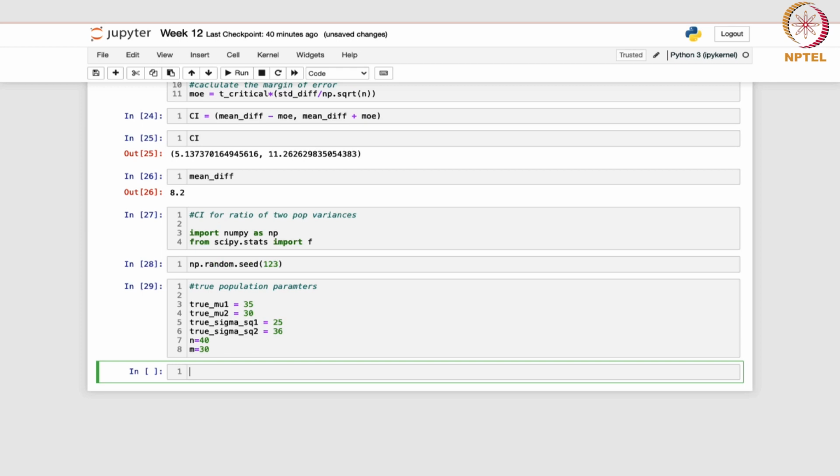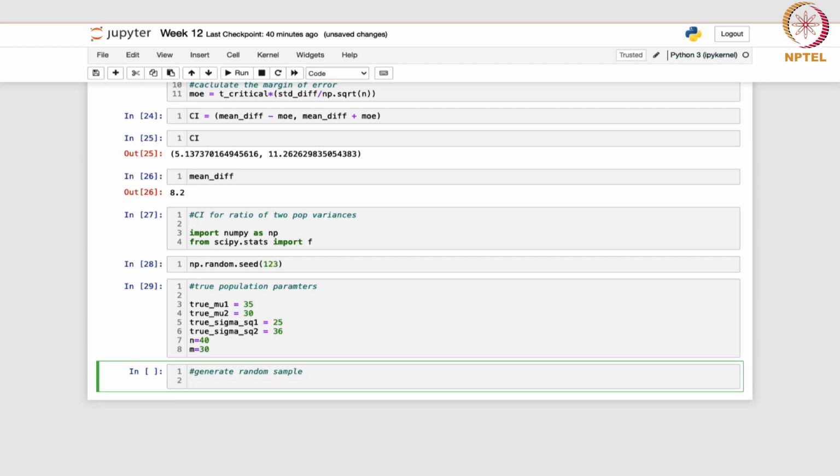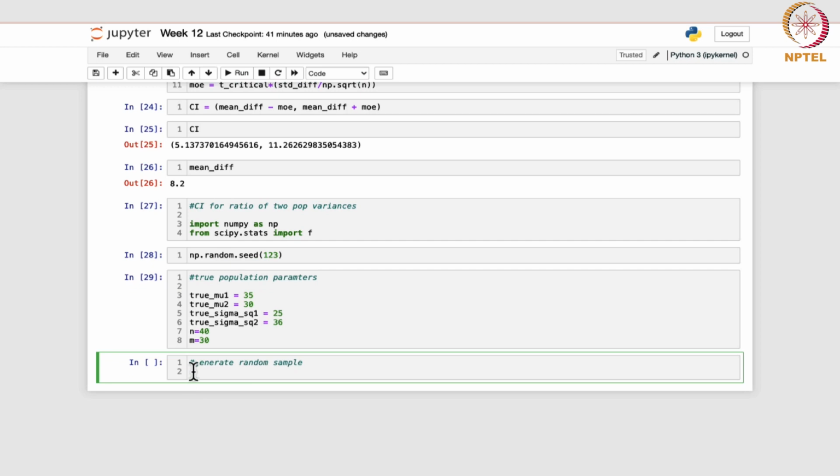Now we will generate random samples. You can see that the first few commands are same. Basically these are the codes when you already have the data and you have the variance and the mean, you know what is happening there. In that case, you can opt for these steps and find out the confidence interval. So data sample 1, let me write it again. So again it would be from np.random.